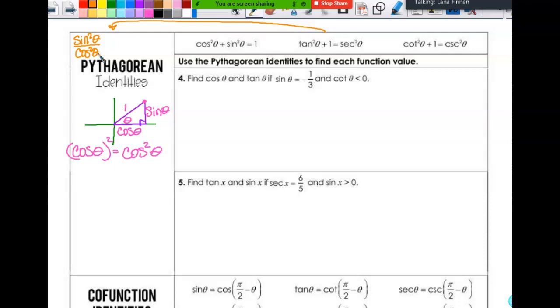Then plus 1 equals, and instead of secant squared theta, I could put 1 over cosine squared theta. First, make sure you're with me that all I did was rewrite tangent squared and secant squared, and this is what I ended up with. Tangent squared is sine squared over cosine squared, secant squared is 1 over cosine squared.